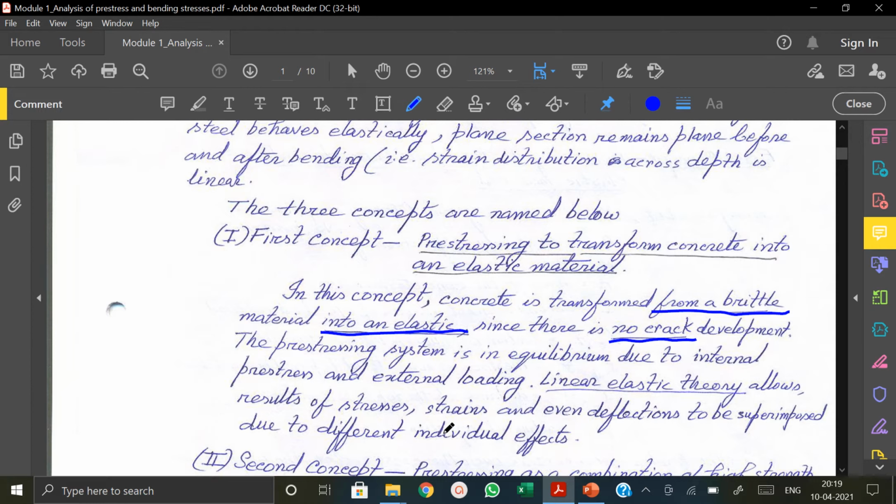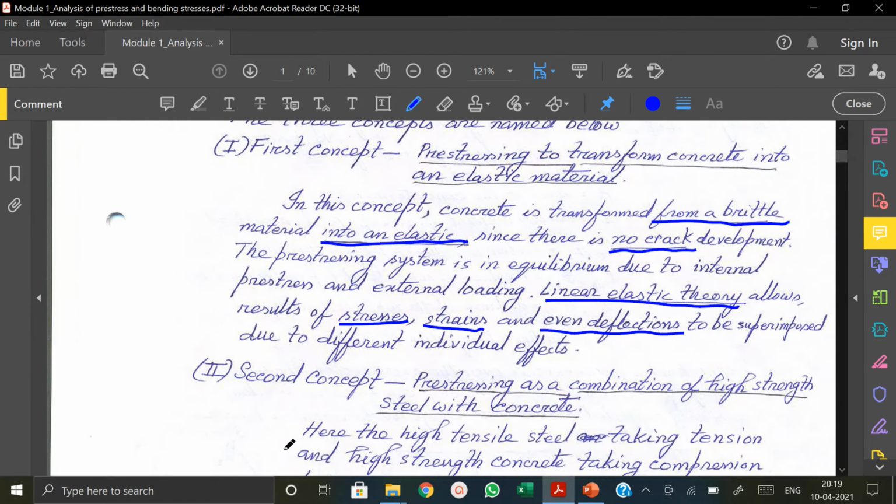That is, we are assuming it is elastic such that the linear elastic theory can be applied, and the linear elastic theory says that the different stresses happening, we can divide those stresses and we can add the effects of those stresses at the end. The strains can be added as well as the deflections can also be superimposed. Superimpose means we can divide this structure into different loading conditions, we can divide it into different stress conditions, we can analyze individually, and at last we can add that together.